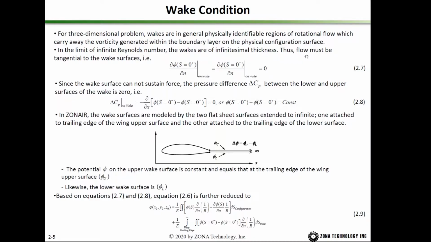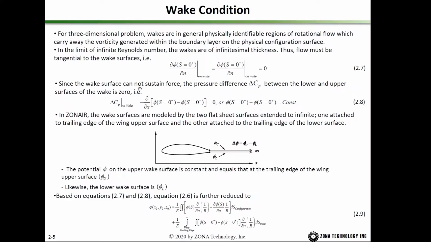Thus, the flow must be tangential to the wake surface. So the flow along the normal direction of the wake is 0. Therefore, we do not need to put source singularity on the wake. We only need to put doublet.